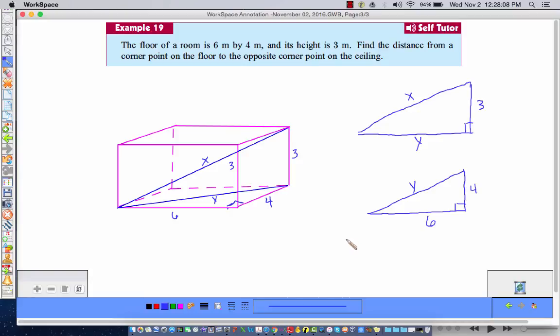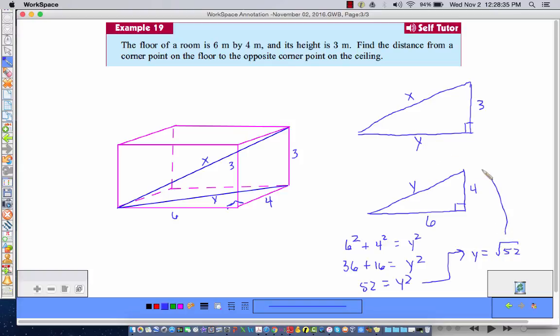That would be 6 squared plus 4 squared is equal to y squared. So 36 plus 16 is equal to y squared. 36 and 16, 52, so 52 equals y squared. So that means that y is equal to the square root of 52, and we'll leave it like that.